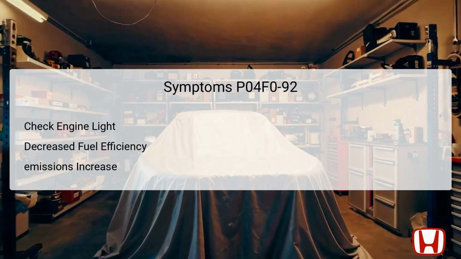When experiencing DTC P04F0-92, drivers may notice several symptoms. The most common is the illumination of the check engine light on the dashboard, signaling a system anomaly that requires attention. Additionally, a decrease in fuel efficiency may be experienced, as the incorrect flow in emissions control can lead to inefficient fuel consumption.